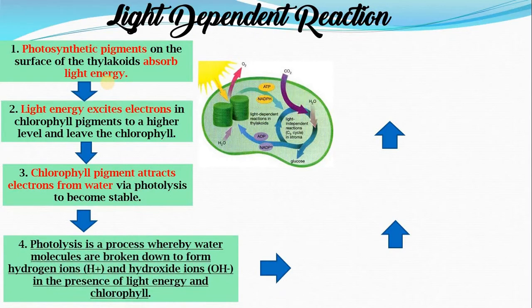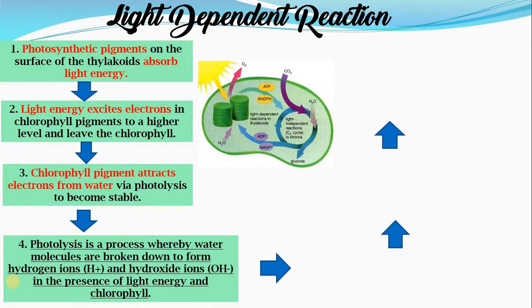Photolysis is a process whereby water molecules are broken down to form hydrogen ions and hydroxide ions in the presence of light energy and the chlorophyll. I repeat, photolysis is a process whereby water molecules are broken down to form hydrogen ions and hydroxide ions.